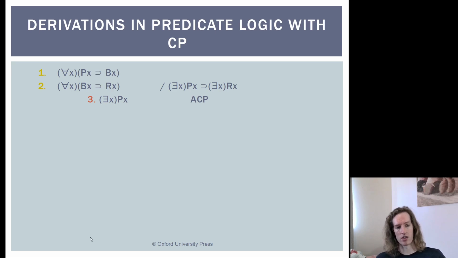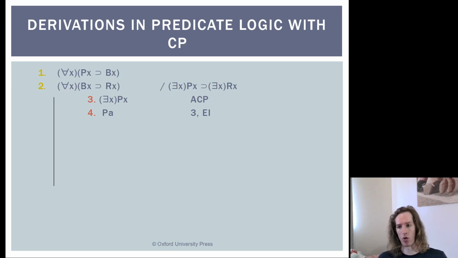So we'll go ahead and assume the antecedent and see if we can get to the consequent. Remember, we're going to indent here to make it clear that we're working with a subproof. The next step is to existentially instantiate premise 3. Premise 1 and premise 2 are both universally quantified formulas, so we can instantiate those using the same constant or constants that have already appeared in the proof.